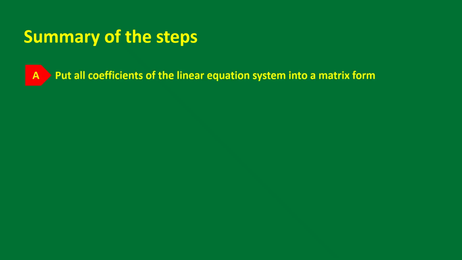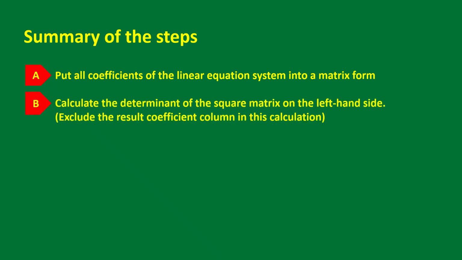Now we can summarize the steps in this Cramer's rule. First, put all the coefficients of the linear equation system into a matrix form. Then calculate the determinant of the square matrix on the left-hand side. The next step is to calculate the determinant of each variable.